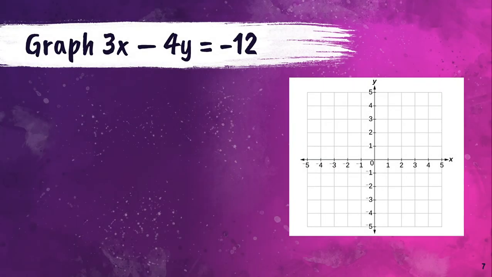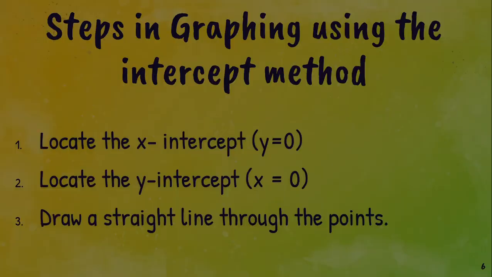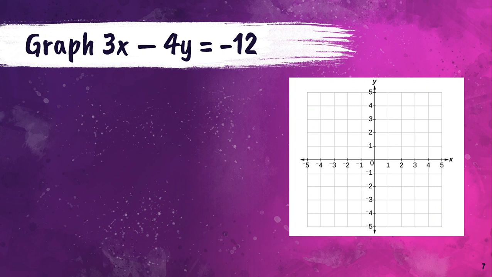Okay, so first let us graph 3x minus 4y is equal to negative 12. In our steps, we first identify our x-intercept. To find the x-intercept, we substitute the value of y, wherein y should be equal to 0.